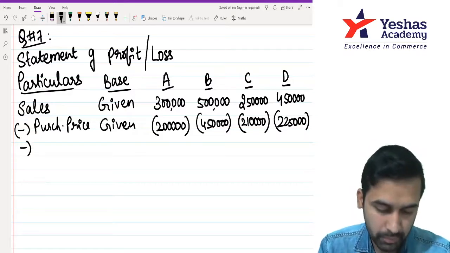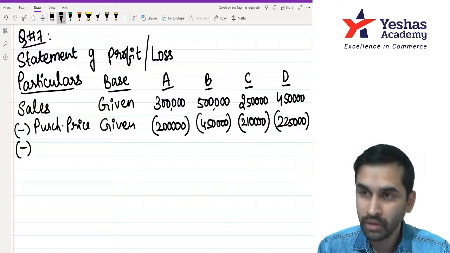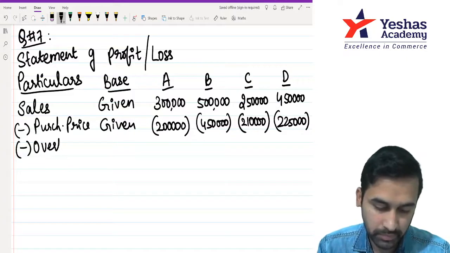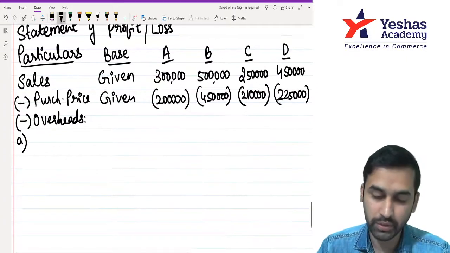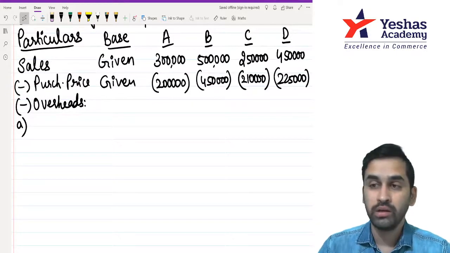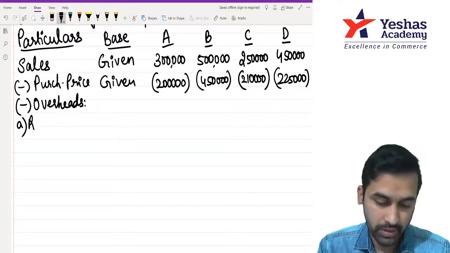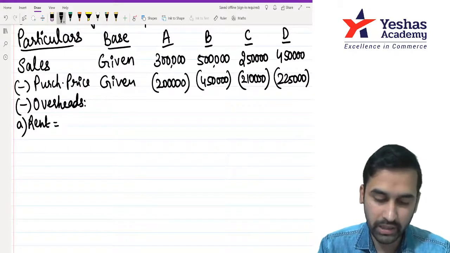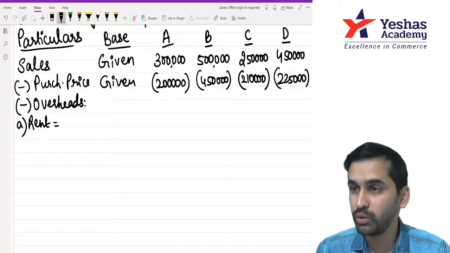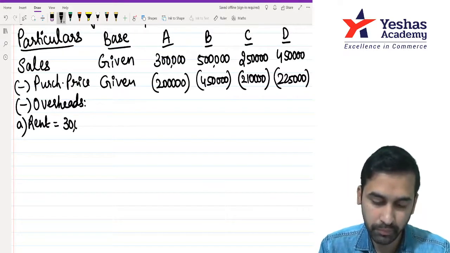Right, minus one by one, that is overheads. In that, the first one, rent. Yes, here you write the amount in the particulars column only, 30,000.